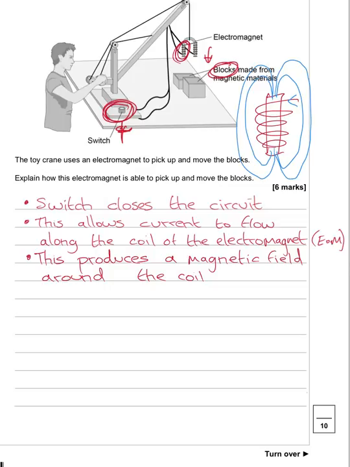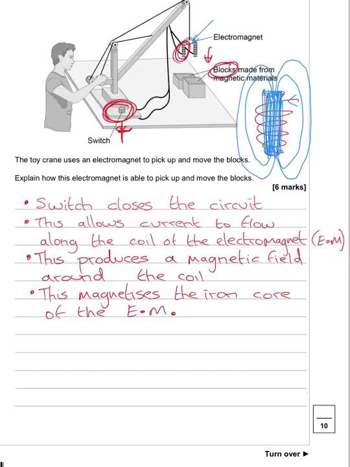And when a magnetic field is produced around a coil of wire, if you have a magnetic material in the core of that coil, so in the middle of that coil you have an iron bar, and that's what this iron U-shaped bar is there, that core will become magnetized. So that is the next part in the story. Okay, so this magnetizes the iron core of the electromagnet.